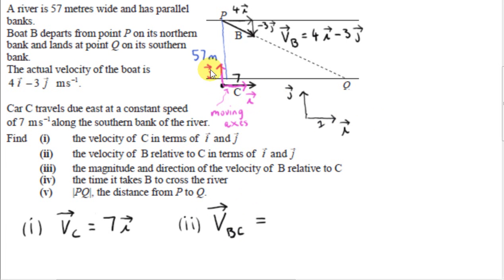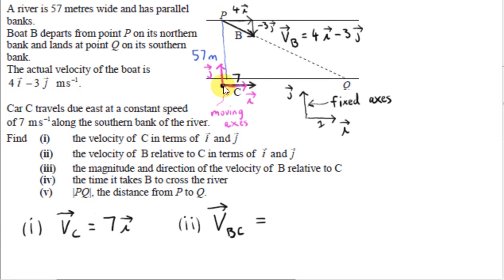We can call them IJ again, though sometimes I dash and J dash is used to distinguish them, but that's not used here. We just call them a set of IJ axes, but they happen to be moving, whereas this set here is fixed. So we've got to try to imagine what the velocity of the boat will look like as seen from the car. Well, before we use the formula, let's try and get a feel for what's going on.